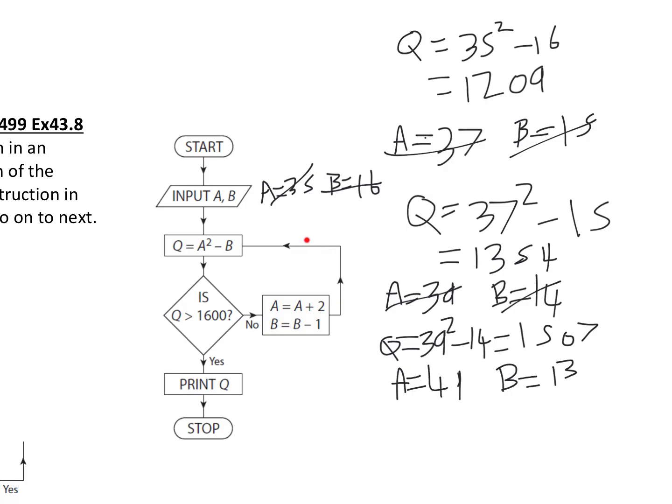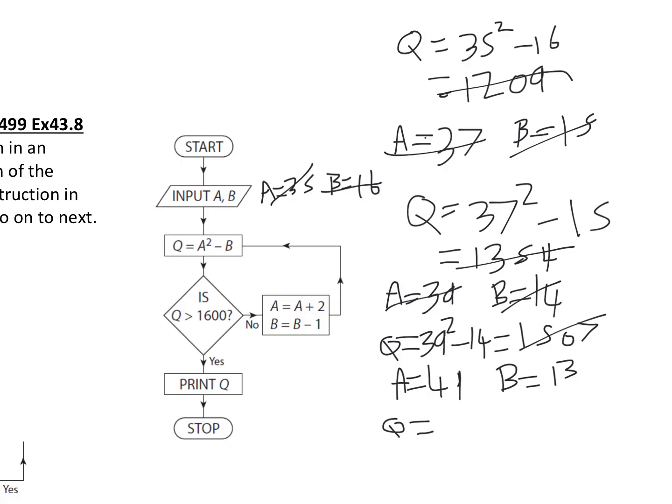We follow that arrow round and it tells us to work out Q again. Suppose I was crossing out the old values of A and B, and actually what we're doing as we go along, in a computer sense, is overwriting what Q is each time as well.